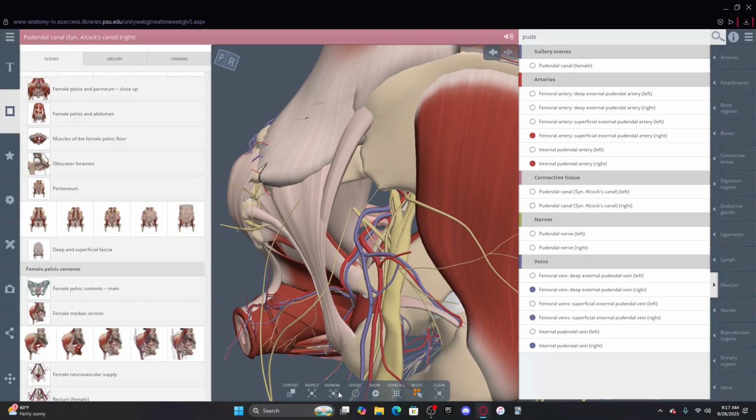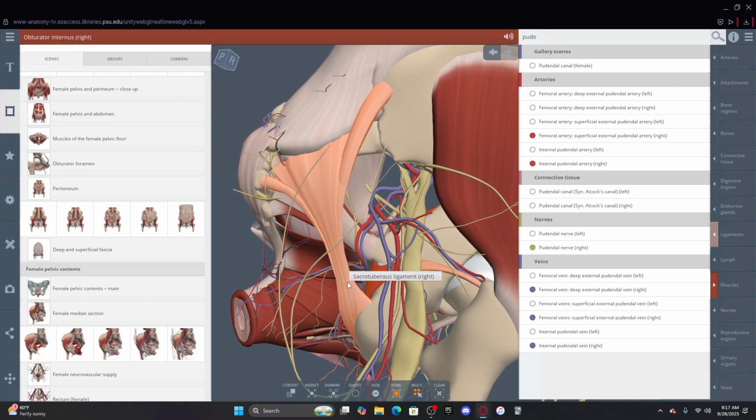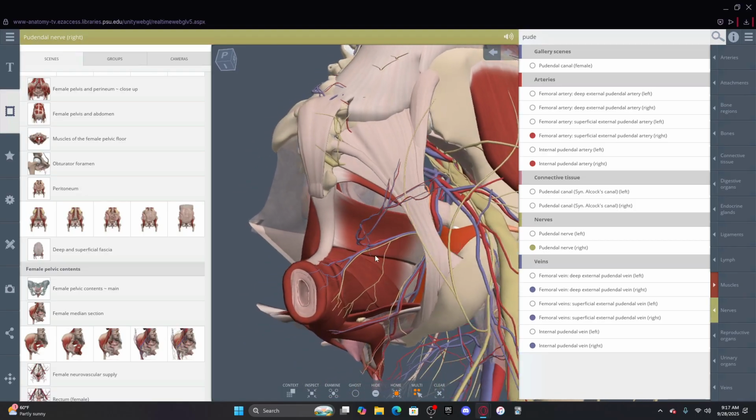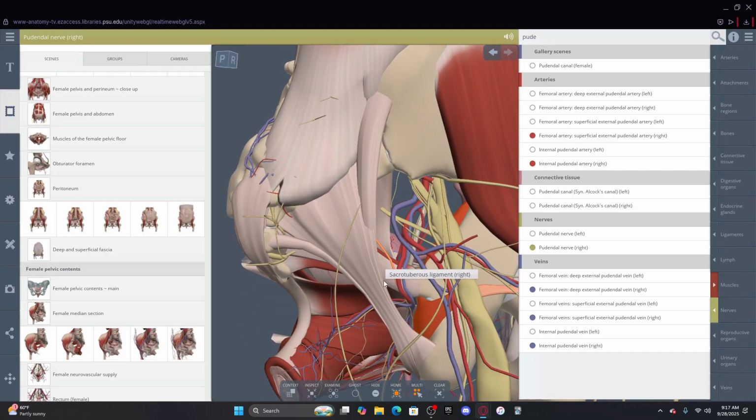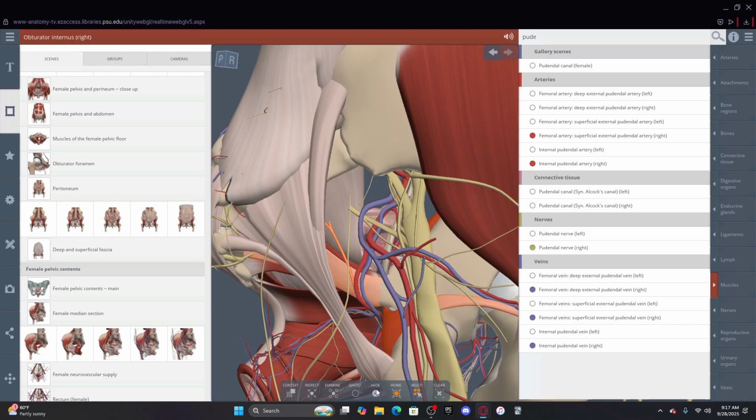Oh my goodness, I just removed it. Okay. That's our pudendal nerve.